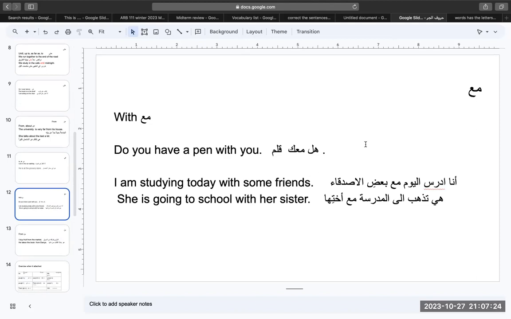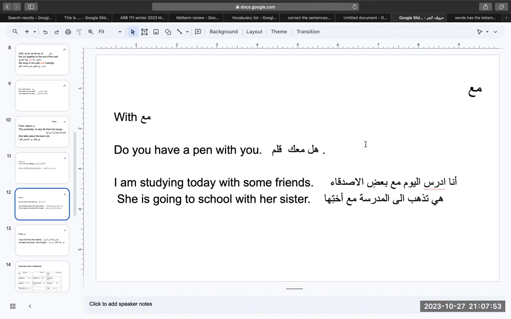If I am writing with the pen, أنا أكتب بالقلم, it's going to be just باء. But if, let's say, the English sentence is: I go to school with my friend. Here we're going to use مع.